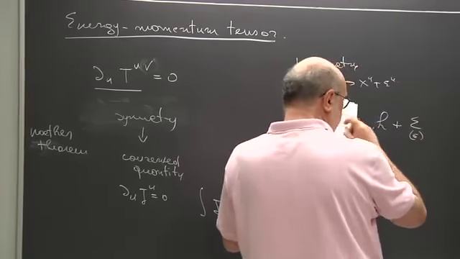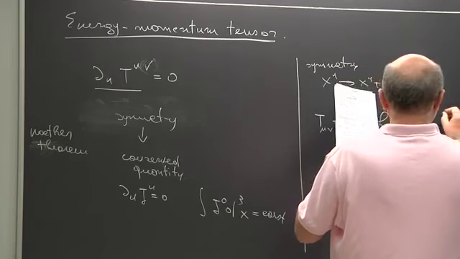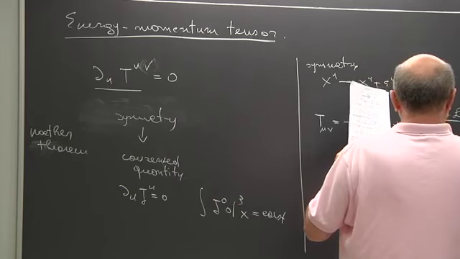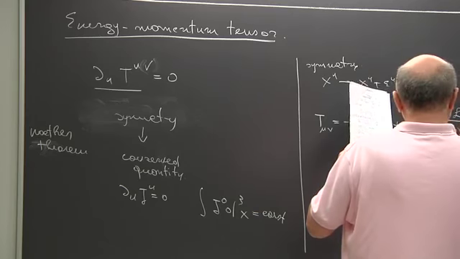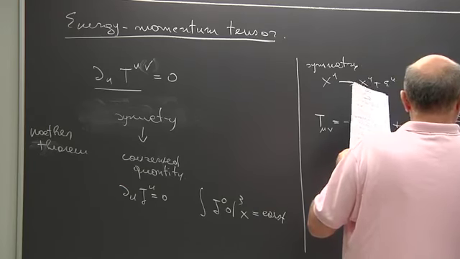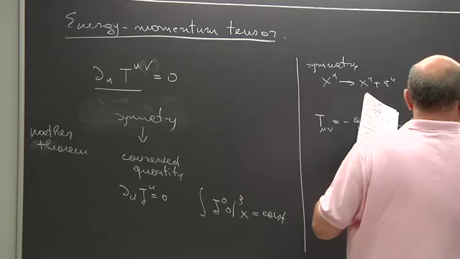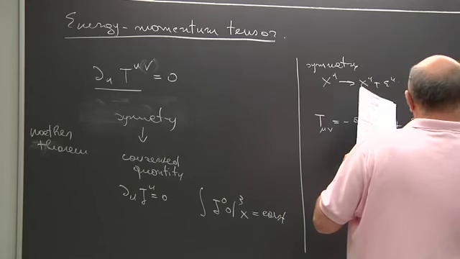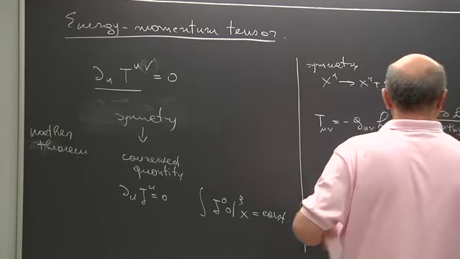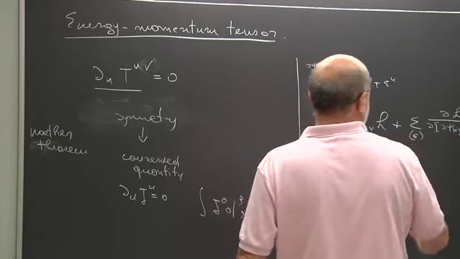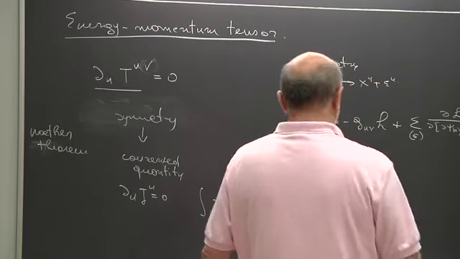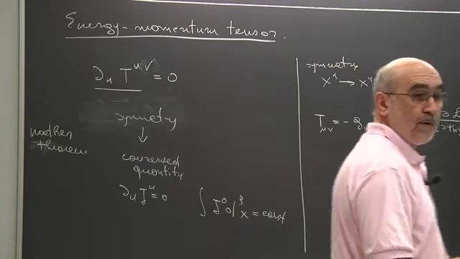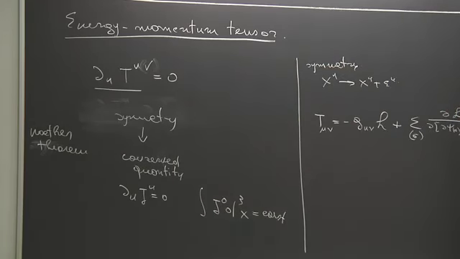Sigma is not a space-time index here, but it's something that labels the various fields. So we sum over all the fields entering our system, and this is the conserved quantity, and I think we proved the conservation of that, right?